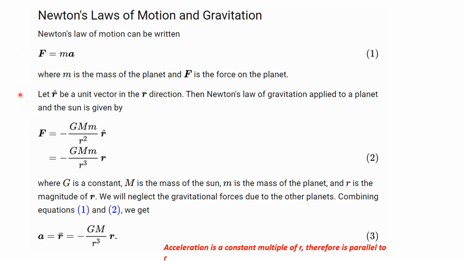And the law of universal gravitation said that the force, well, in fact, we need some definition here. So if r hat is a unit vector in the r direction, then Newton's law of gravitation applied to a planet and the sun is given by F, the force vector, is equal to minus G, that's the universal gravitational constant, times the mass of the sun times the mass of the planet, divided by r squared, and that's the scalar multiple of the unit vector r hat.